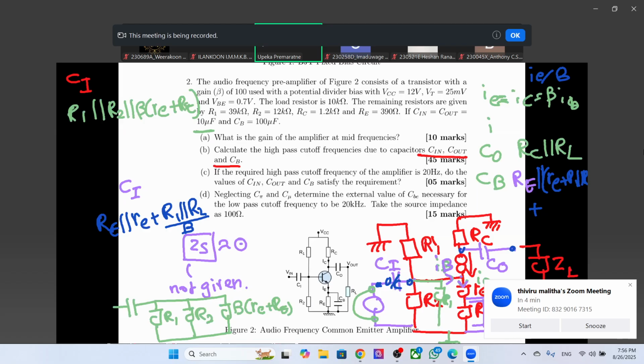Likewise, as long as you can derive these circuits, then you are safe. As long as you can derive the answers, then you are safe.